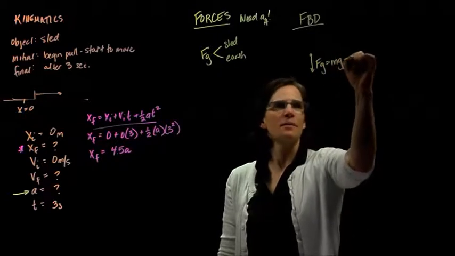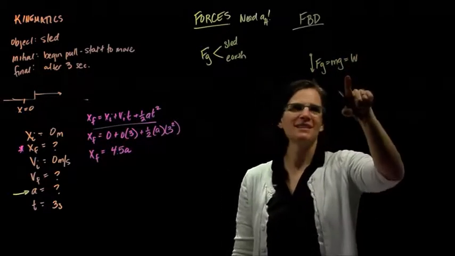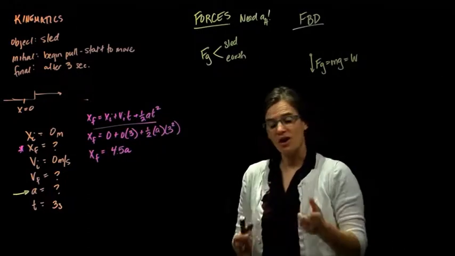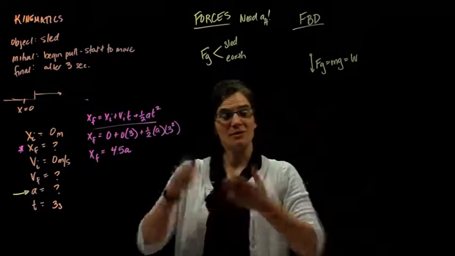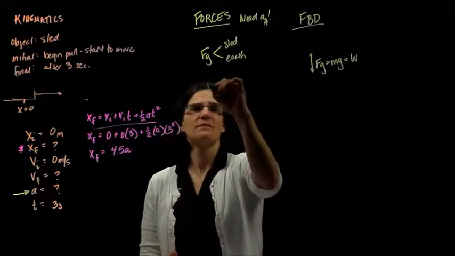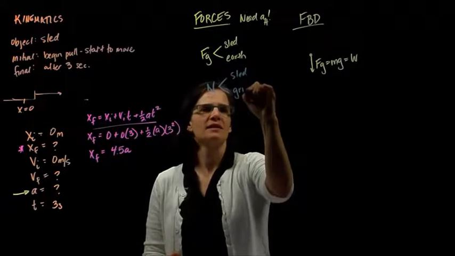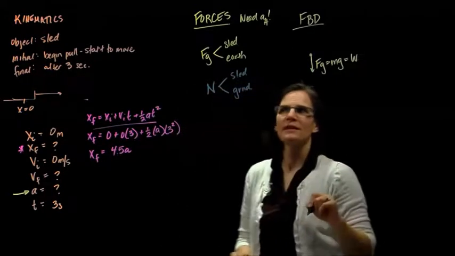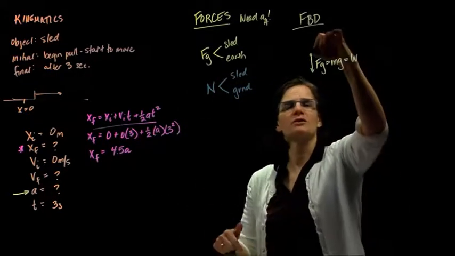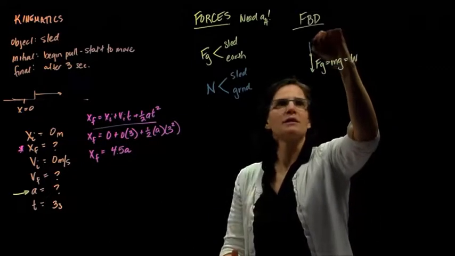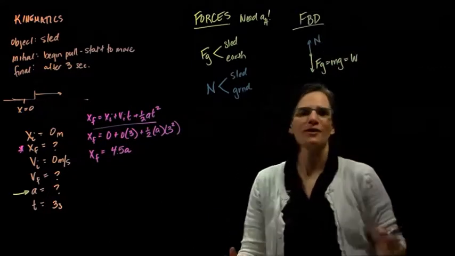And just as a reminder, that's mass times g, which is also known as the weight. The sled is also interacting with the ground. It's squishing the ground down, so the ground is pushing back. We call that a normal force, and it's pushing in the vertical direction. The sled is pushing down on the ground, so the ground is pushing back up on the sled.